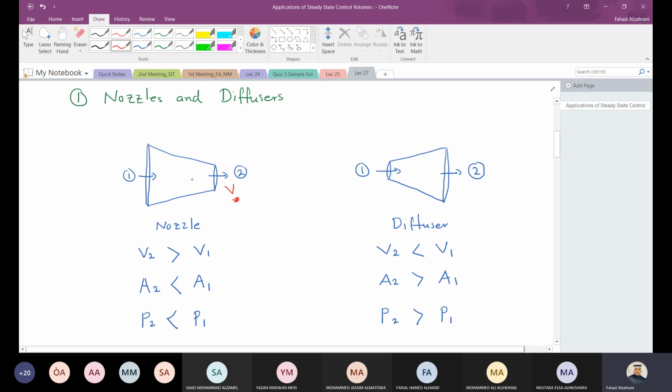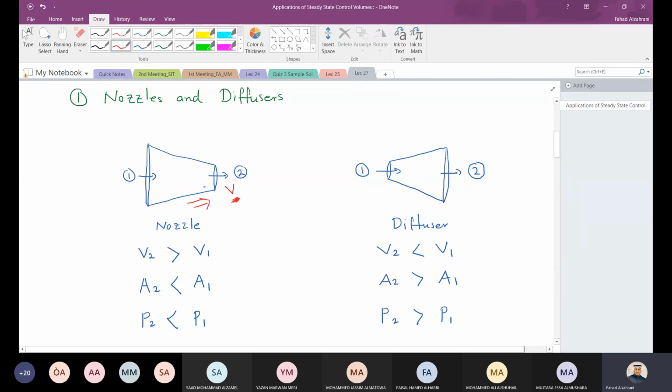What do you do in order to achieve this? The nozzle reduces the cross-sectional area in the direction of the flow.